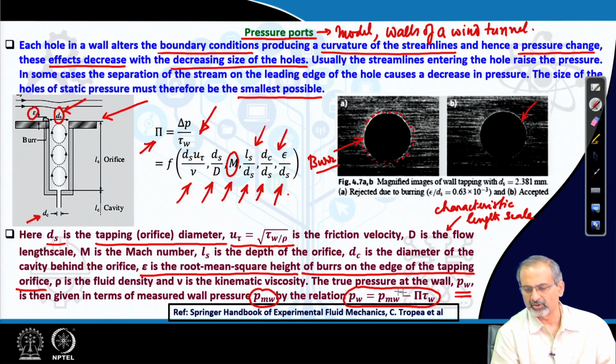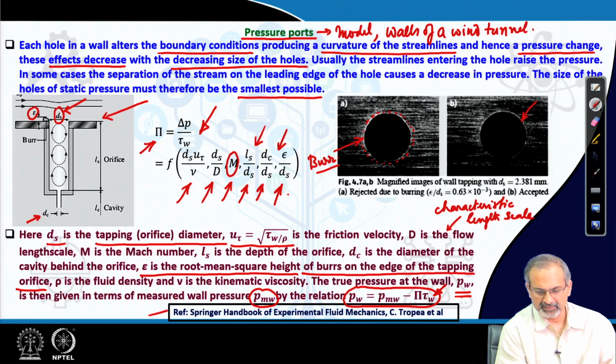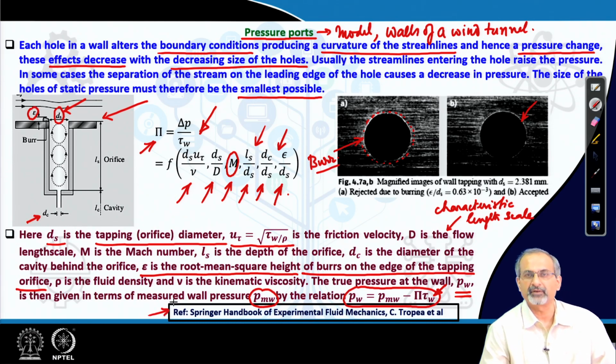So, as you can make out, the measured wall pressure has to be modified by using the pi function, which is dependent on so many non-dimensionalized groups, and therefore, you end up getting a functional connection between the measured pressure and the true wall pressure. So, you may actually need to calibrate things before you get a functional relationship in place. This is a very, very important reference where you might find a lot more details regarding these topics.